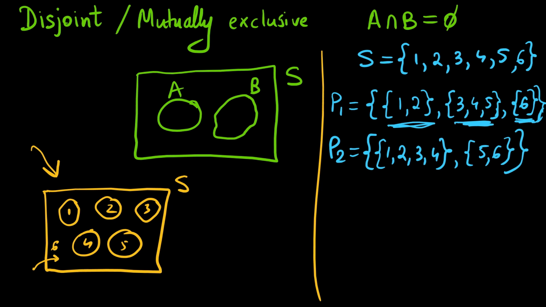Yes, they have no elements in common, and their union covers the entire sample space. In the second example, this is one set, this is another. They have no points in common, they're pairwise disjoint, and their union covers the entire sample space. It sure does.